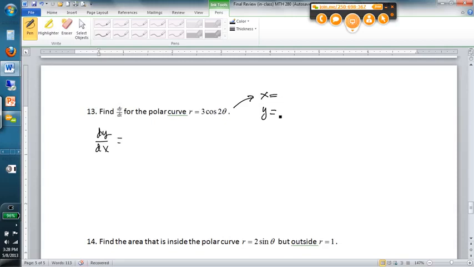If I wanted to convert from polar coordinates to rectangular coordinates, x equals r cosine theta, and y equals r sine theta. Well, in this case, my r is 3 cosine 2 theta. So plug that in for r: 3 cosine 2 theta times cosine theta, and 3 cosine 2 theta times sine theta would be the y.